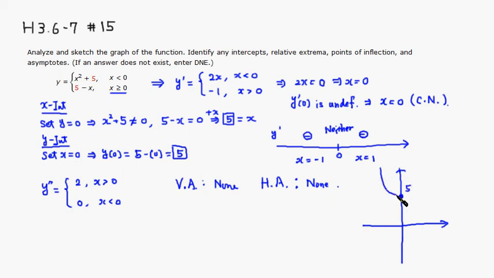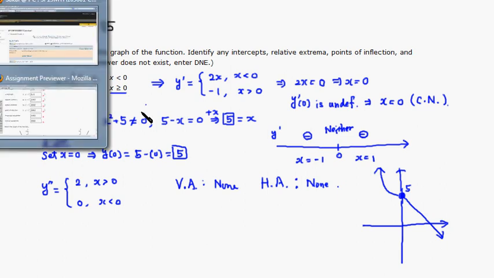It looks like this. Then from here, actually, I should have had an open circle there. But luckily, for x greater than or equal to 0, you have 5 minus x, so the slope is -1 and the y-intercept is 5. So you're going to start from here, then you're going to have a line like that. So that's going to be the graph.